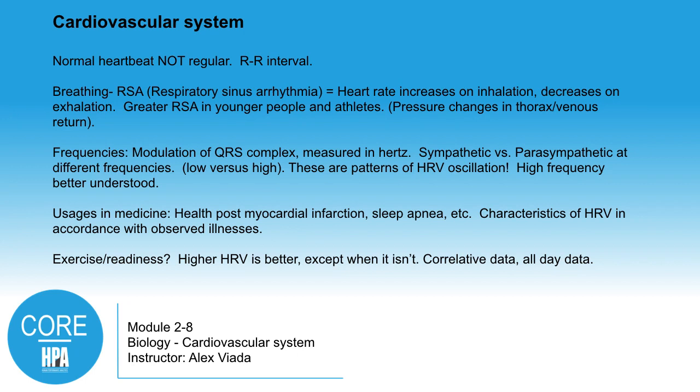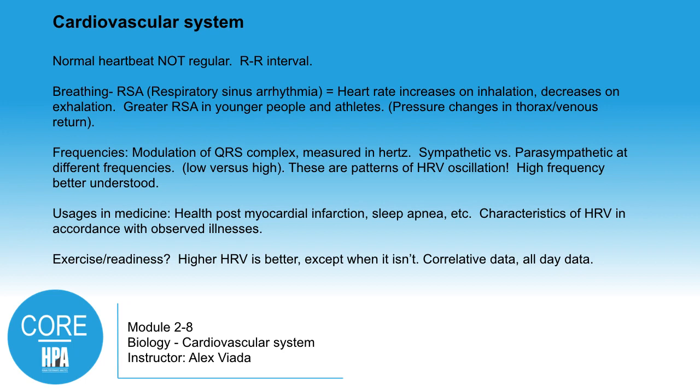So RSA, respiratory sinus arrhythmia, is something that's very well documented. It's why your heart rate speeds up when you inhale and decreases when you exhale. Interestingly enough, you have greater RSA, in other words, greater arrhythmia, greater variation, in younger people and in athletes. There could be a number of reasons for that. It could be strength of your respiratory muscles.